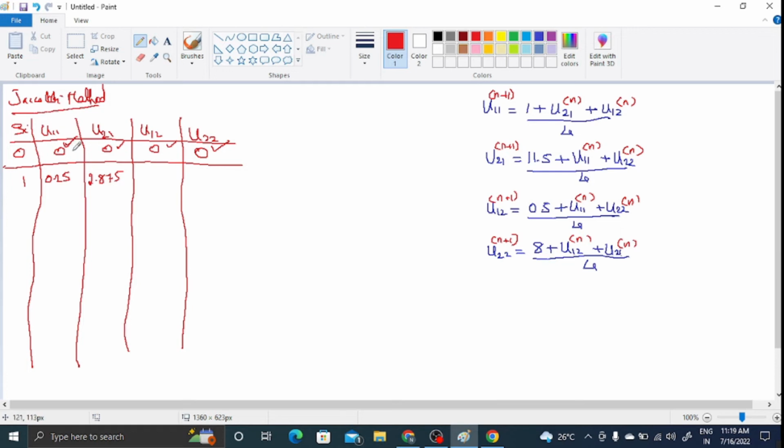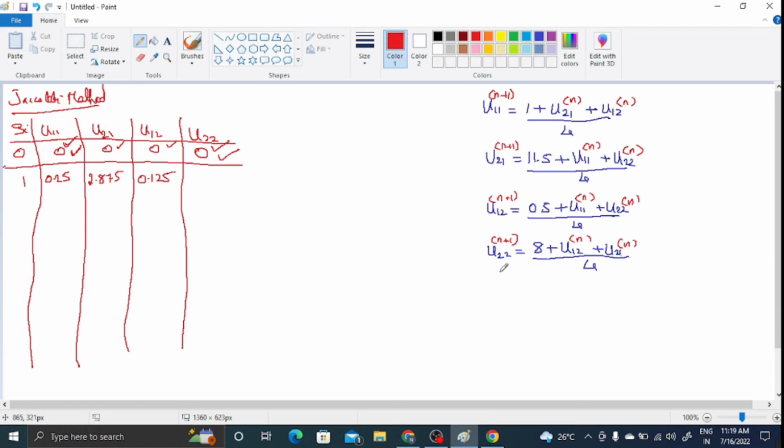I told you we have to use the 0th row data, so U11 equals 0 and U22 equals 0. The answer is 0.125, right? This is 0.125. Okay.